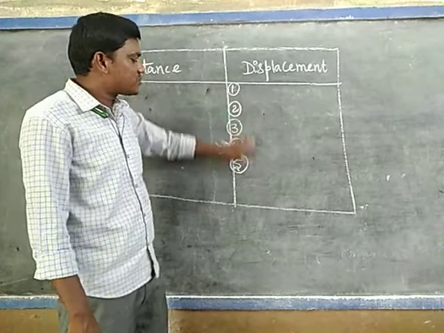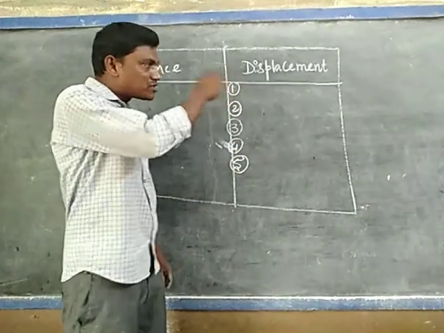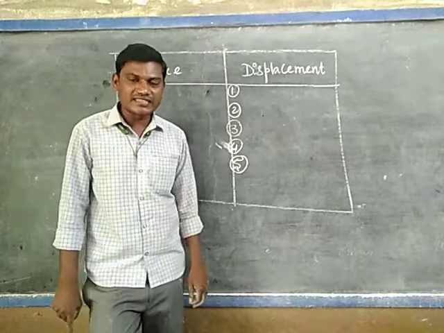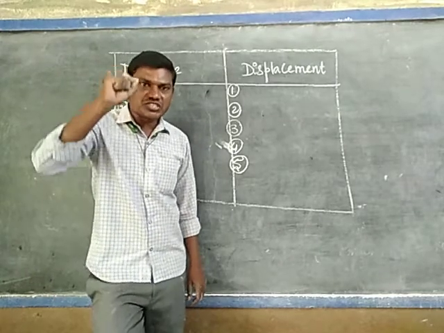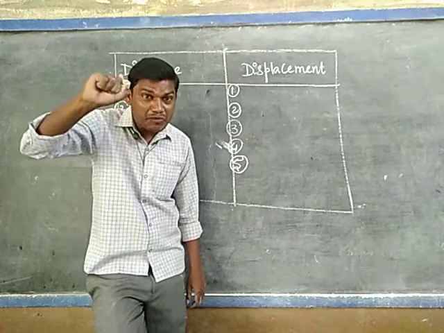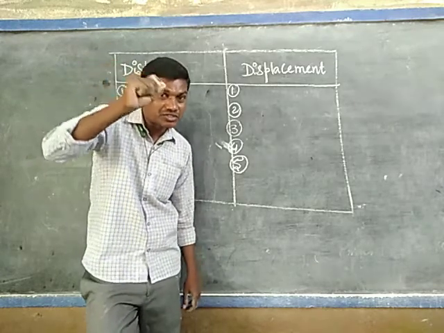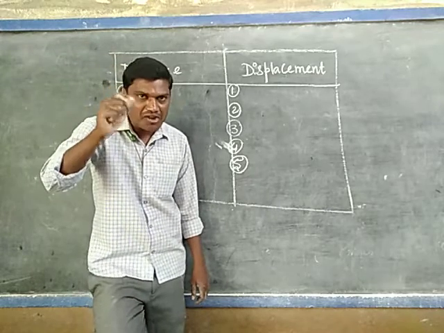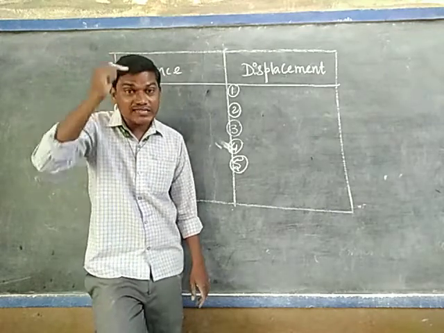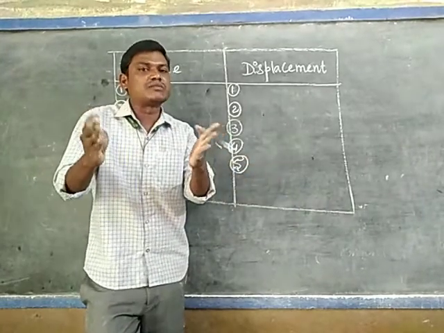When is the displacement magnitude zero? I already said that when a body is moving in a circular path, it starts at a point and after completing one rotation comes back to the same point. Here distance is there but displacement is zero, because the initial point and final point are the same. That's why there is no shortcut, no displacement.